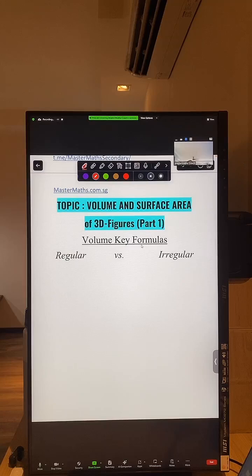Volume key formulas, regular versus irregular. Okay, what are some formulas that we can think of? Let's give you all some time to settle down. Maybe if you have a study guide nearby or textbook nearby, you can open up to this chapter.